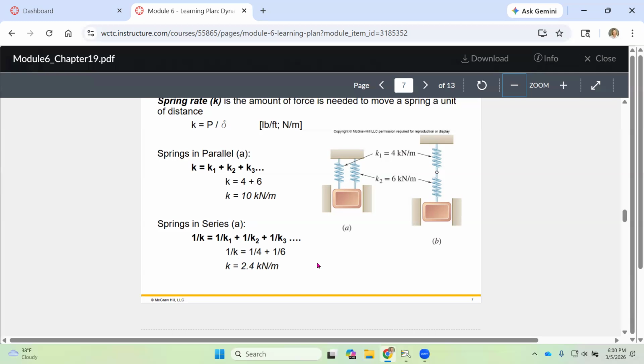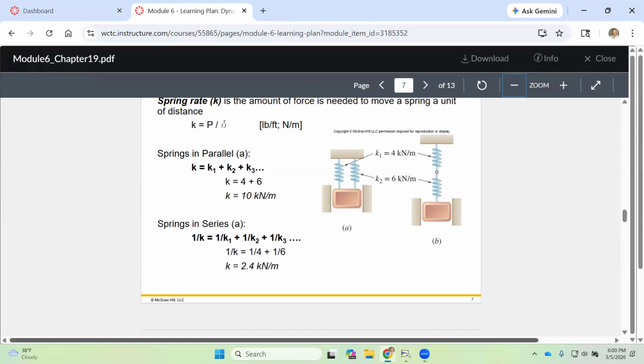When we add those together and then take the reciprocal, we find that our equivalent spring rate will be 2.4, or 2,400 newtons per meter. So a very different effect. We have to be sure that we recognize the right type of arrangement, parallel or series, and then apply the correct equation to find the equivalent spring rate.